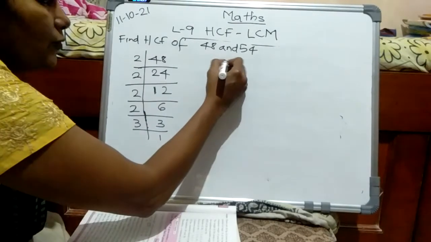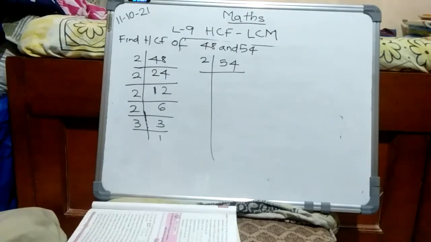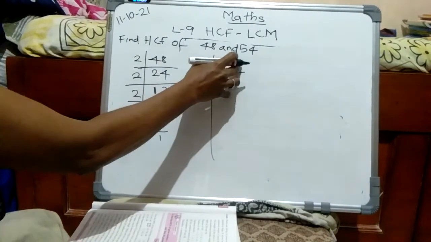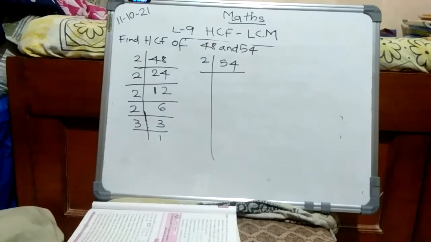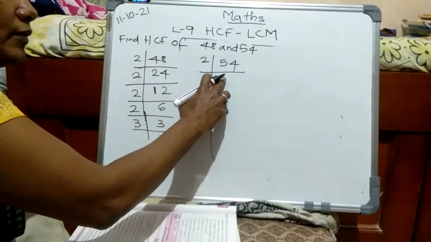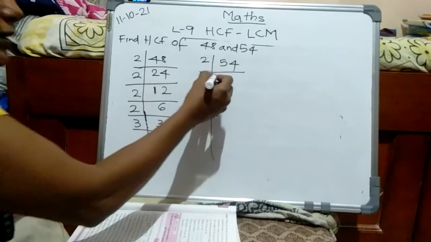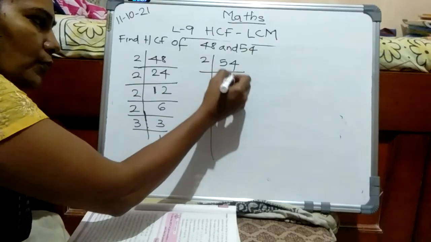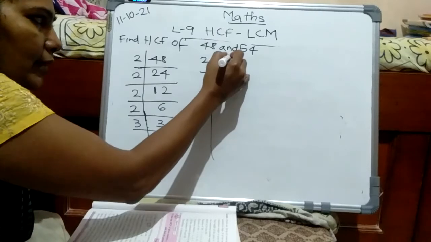The next one, 54. Now here 4 is there in the unit place. Please don't talk. 54, 4 is in the unit place, so this will be divisible by 2. So 2 1s are 2, 2 2s are 4. Here 1.